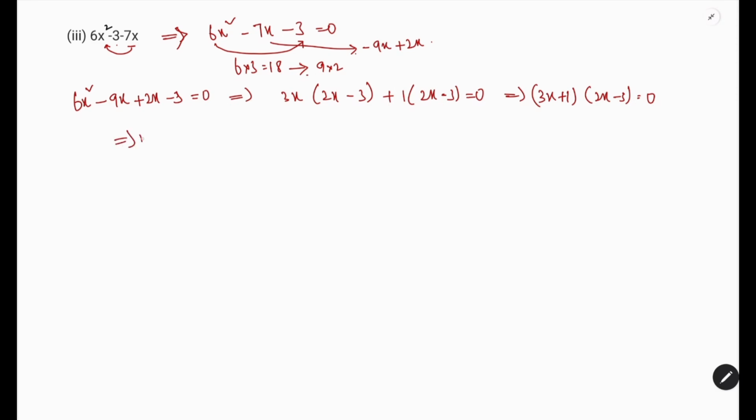So when 3x plus 1 equal to 0, then x equal to minus 1 by 3. And when 2x minus 3 equal to 0, then 2x equal to 3, x equal to 3 by 2.